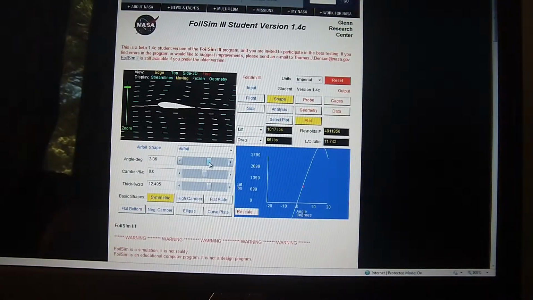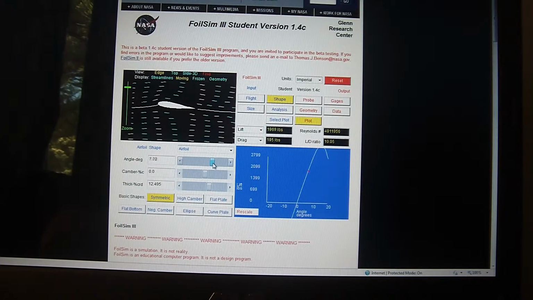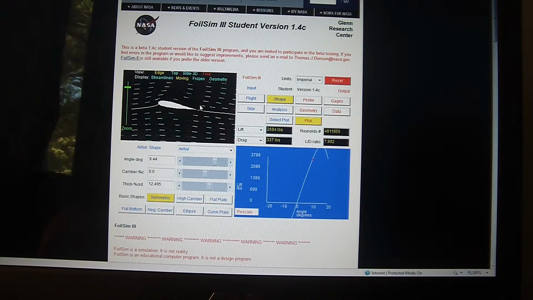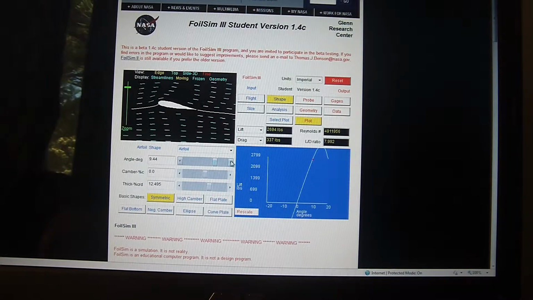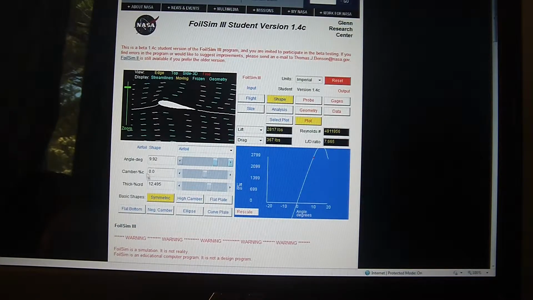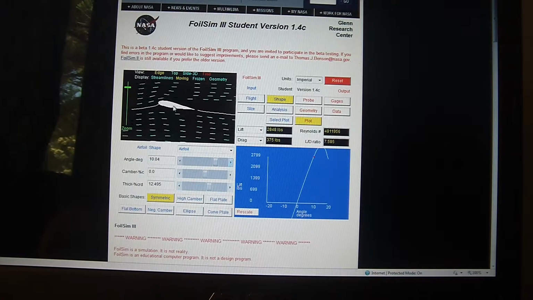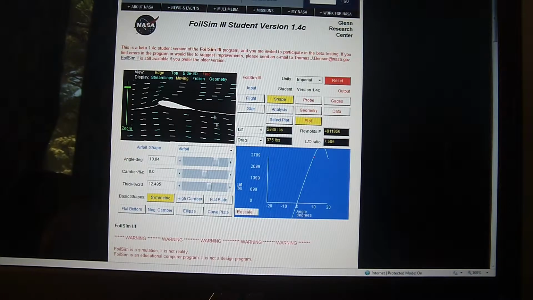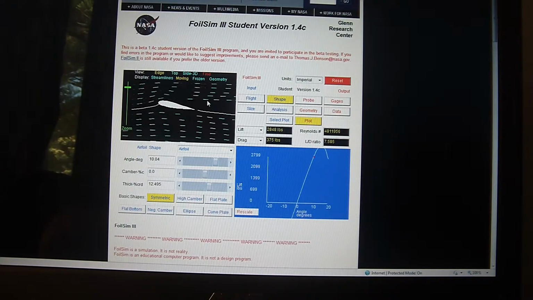Now let's have a look at what happens here. Have a look at this airflow. As we increase the angle of attack, you can see the airflow is still flowing smoothly over the top of the wing. If we keep increasing it progressively, eventually we're up to 10 degrees. Now at about 10 degrees the airflow has broken away, so we start to lose efficiency.